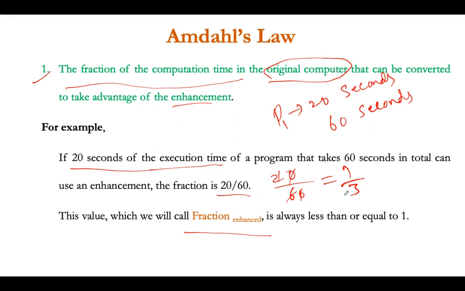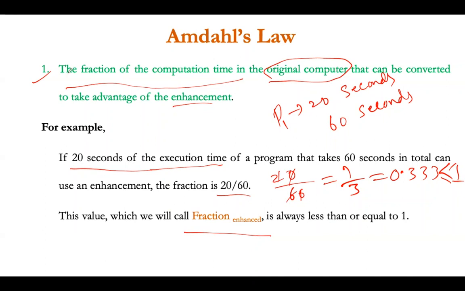So 1 by 3 means how much portion you are going to enhance. So you will get 0.333. This we call the fraction enhanced, and this is always less than or equal to 1.